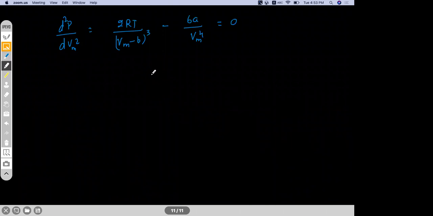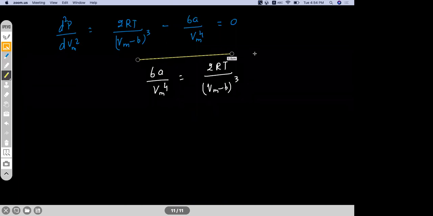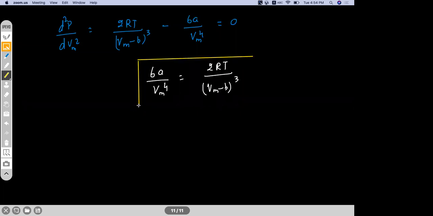So we get 6a by Vm to the power 4 equals 2RT by (Vm minus b) cube. This is equation number 2. Now, could you solve equations 1 and 2, these two equations, and find the value of Vm from this?